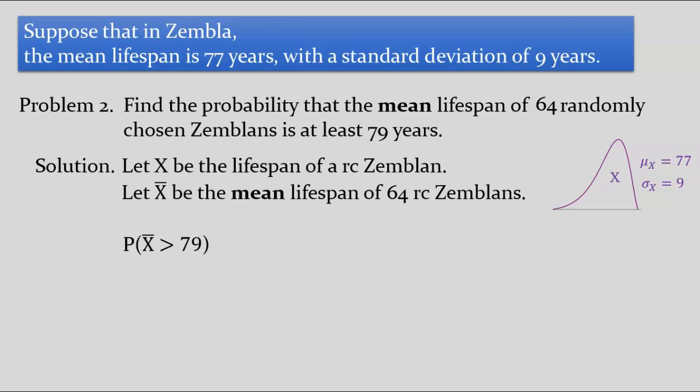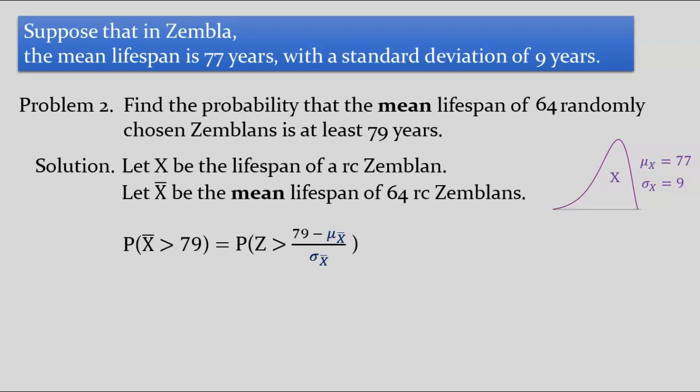Now it's tempting, once again, to try standardizing, to say that this is the probability that z is greater than 79 minus the mean of x bar over the standard deviation of x bar. But can we say this? Is this legal? Well, it's legal if x bar has a z skeleton. That is, if x bar is normally distributed.